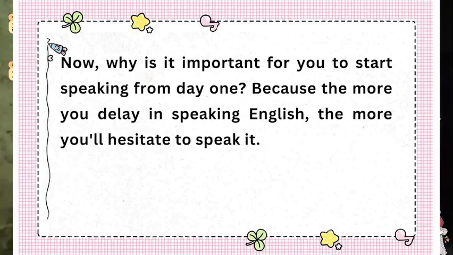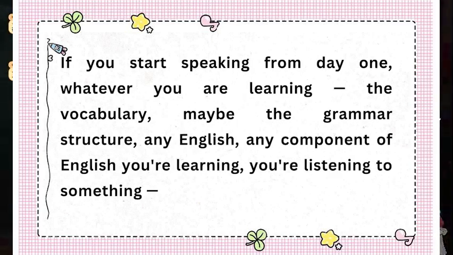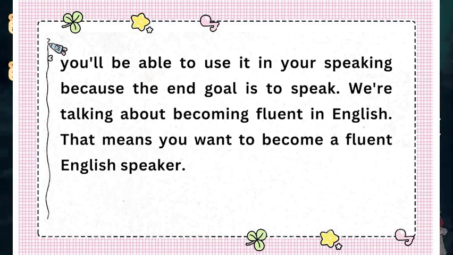Now, why is it important for you to start speaking from day 1? Because the more you delay in speaking English, the more you'll hesitate to speak it. If you start speaking from day 1, whatever you are learning, the vocabulary, maybe the grammar structure, any component of English you're learning, you're listening to something, you'll be able to use it in your speaking because the end goal is to speak.